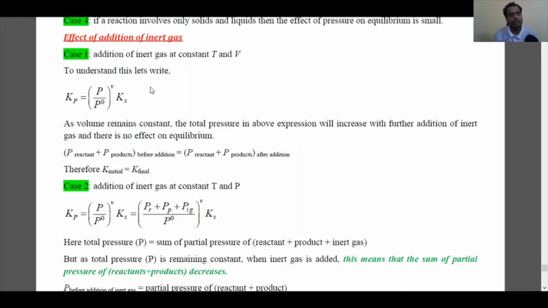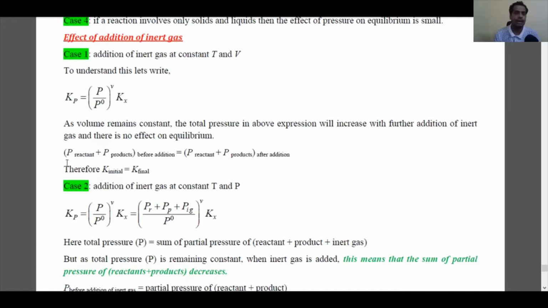But while calculating the equilibrium constant, we are not bothered about inert gas. We are more bothered about reactants and products. So what is the pressure of reactants and products? The pressure of reactants and products before addition of inert gas will be the same as the pressure of reactants and products after addition of inert gas. Again I am repeating, the addition of inert gas will not have any effect on the partial pressures of reactants and products.